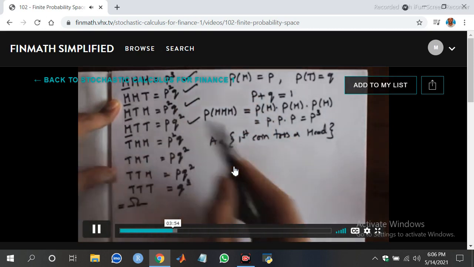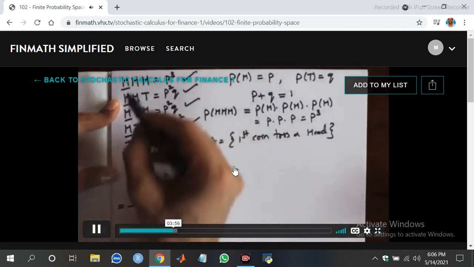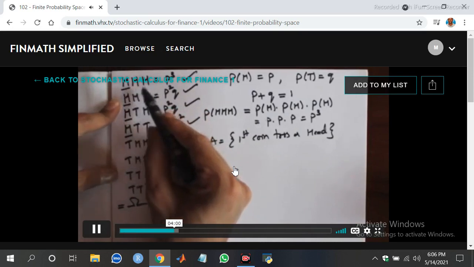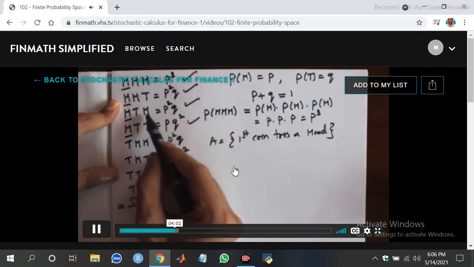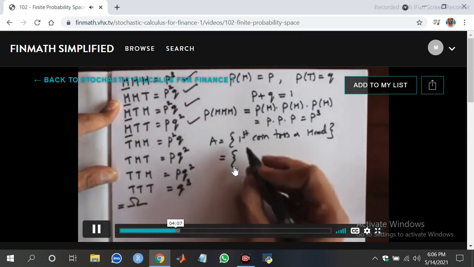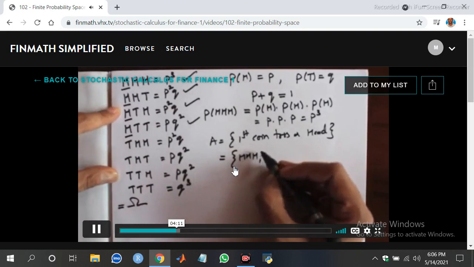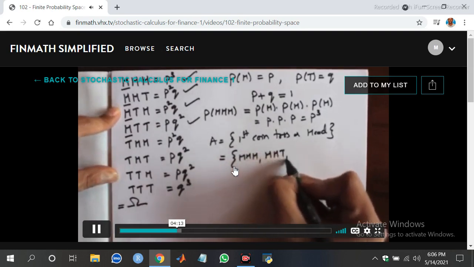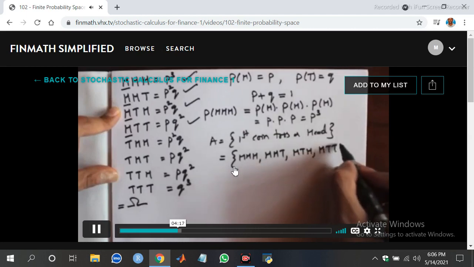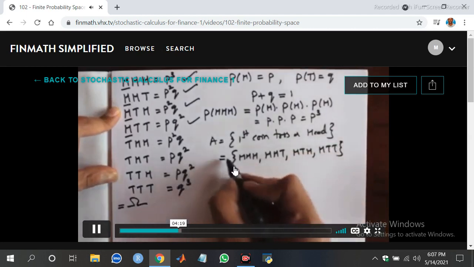So when we say first coin toss a head, we are interested in the probability of getting either head head head, or head head tail, or head tail head, or head tail tail. So this is the subset that we are interested in.